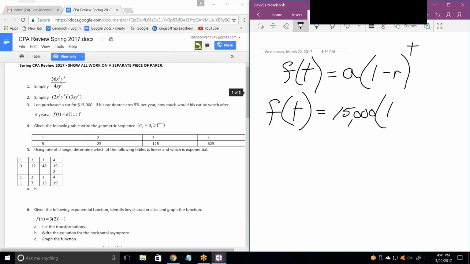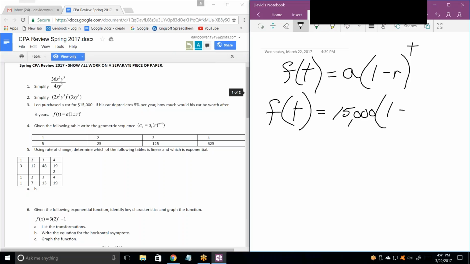What's R? Read the second sentence. If his car depreciates 5% per year, that's what R is, 5%.